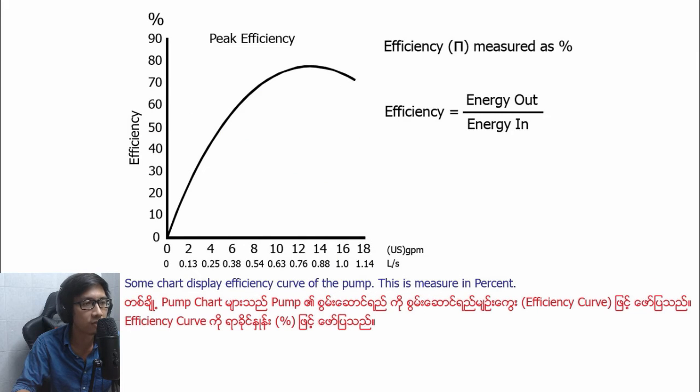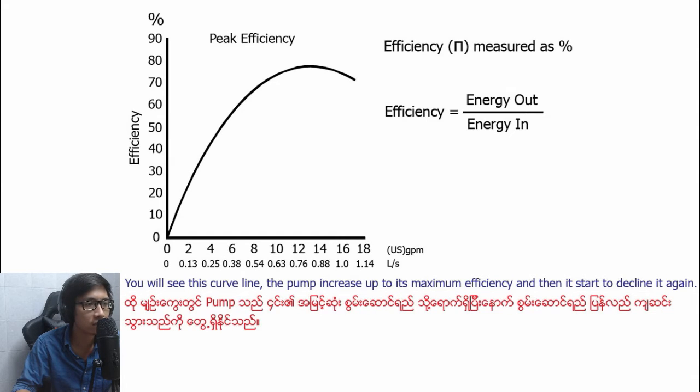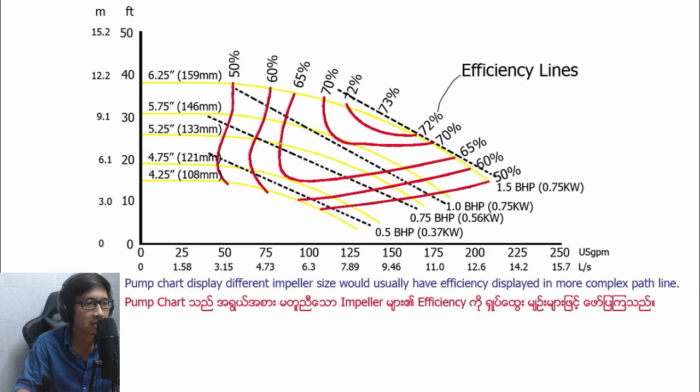Next we display the efficiency curve of the pump. This is measured in percent. You will see on this curve line the pump increases up to its maximum efficiency and then starts to decline again. Pump charts displaying different impeller sizes will usually have the efficiency displayed in more complex lines.